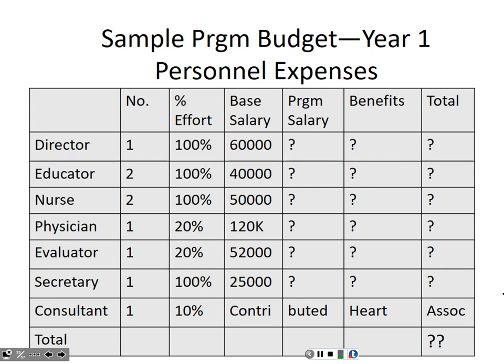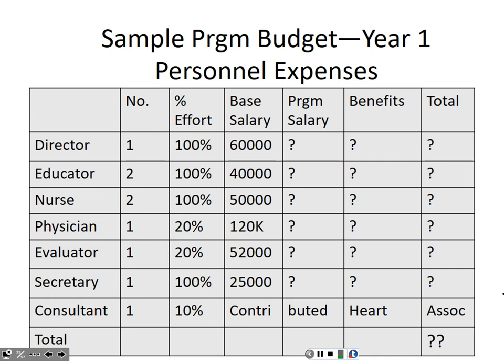For our purposes, let's go with 35%. Then you add the program salary and the benefits. This column plus this column will give you the total personnel expense for each position that is allocated to your program, to your budget.